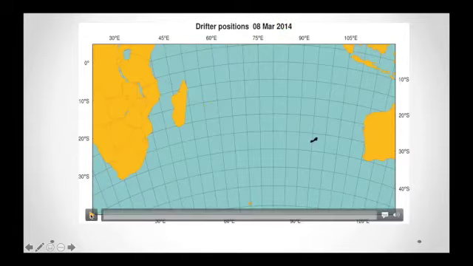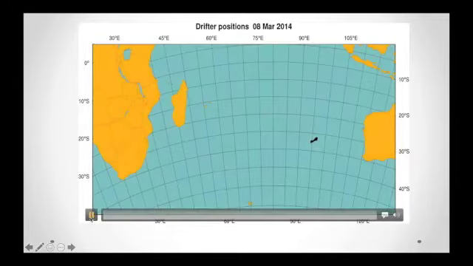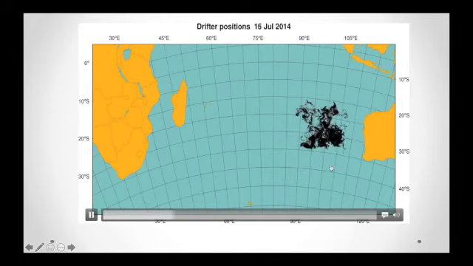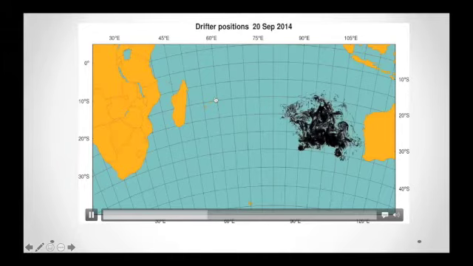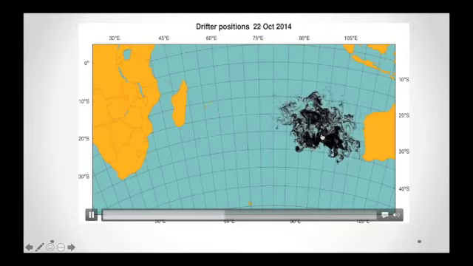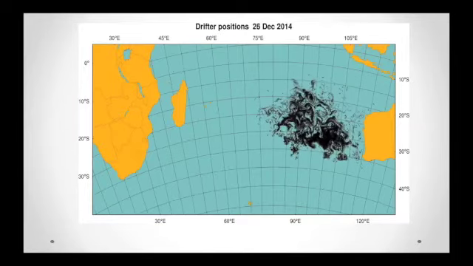So let's have a look at how these drifters move within that time period. There, you can see it moving. We understand that the gyre system moves in this direction, but in the real ocean, of course, the movement is not straightforward.